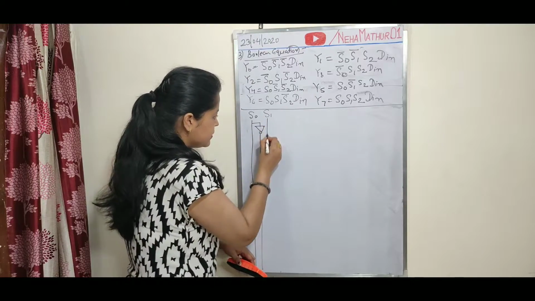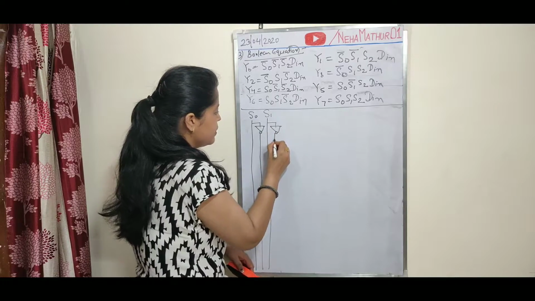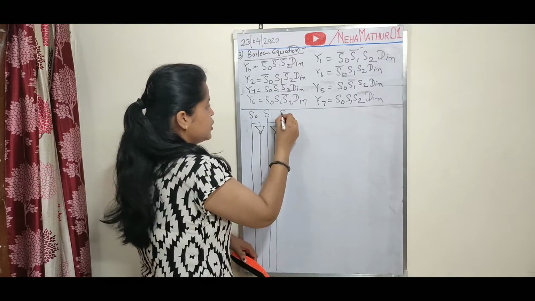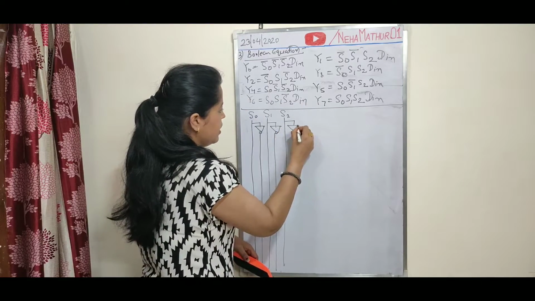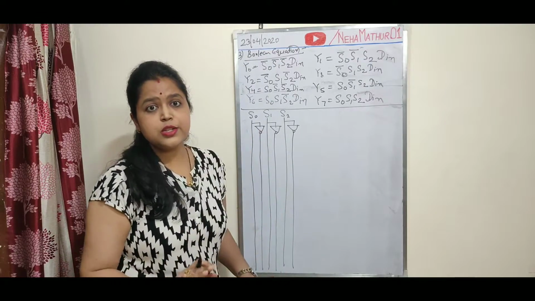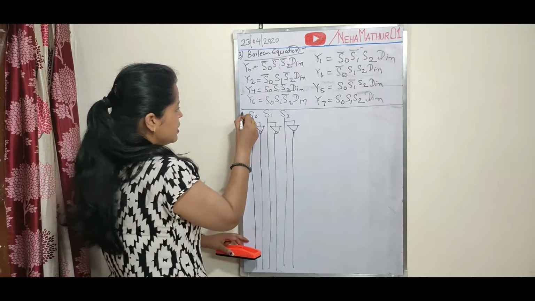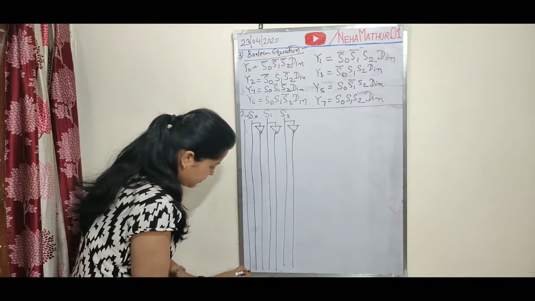Similarly S1, one more inverter because of S1 bar. S2 and a third inverter so that you can get your S2 bar. Since D in is common among all the terms, I am taking one line for D in also.